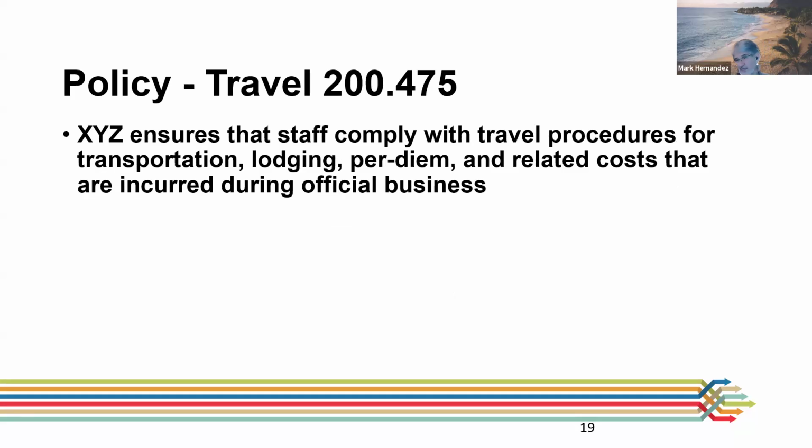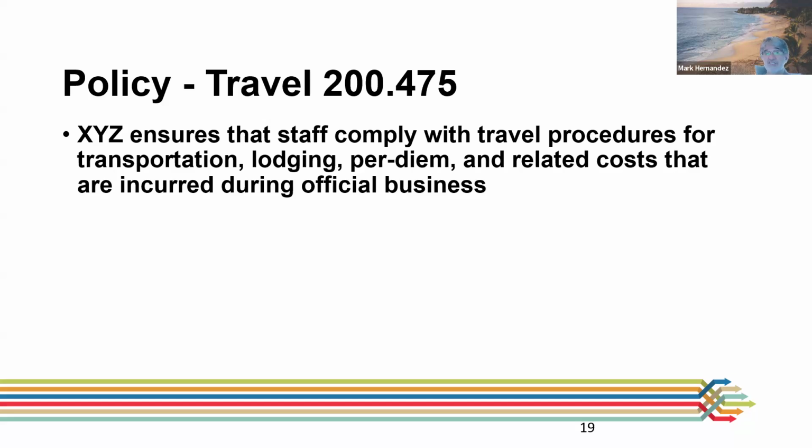The last part would be our policies and procedures for travel. Travel is historically another area where a lot of findings can happen, because there's a lot of things happening at one time. Cost, travel itineraries that may change, other things like that get your staff and your organization out of compliance.